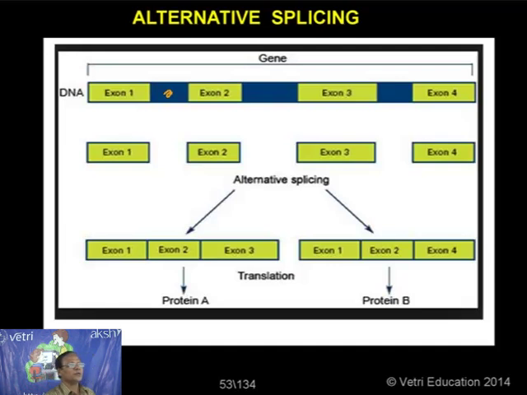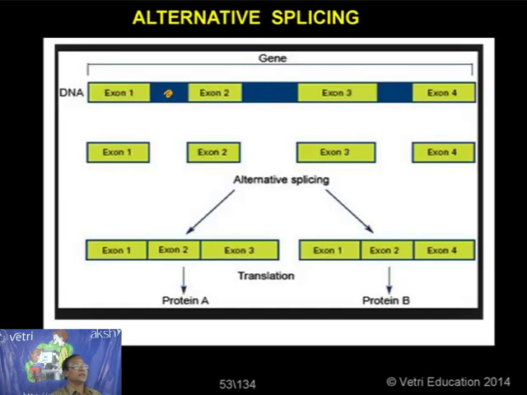So here the RNA has undergone a different process of splicing, allowing a single gene to encode for many proteins. Here one protein, another protein, protein A, protein B. This is because of the splicing that occurs in several different manners. Normally all the exons are joined together to form a matured mRNA.